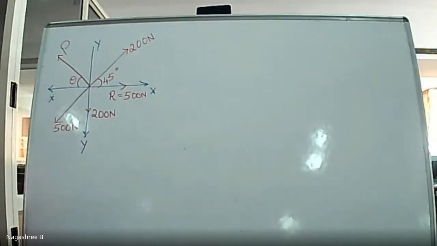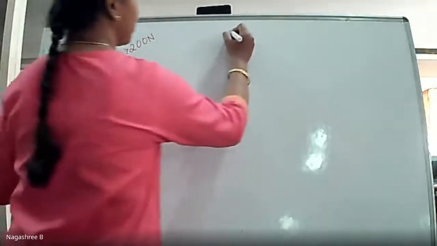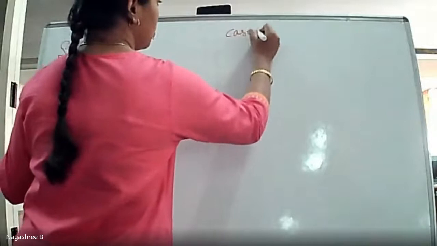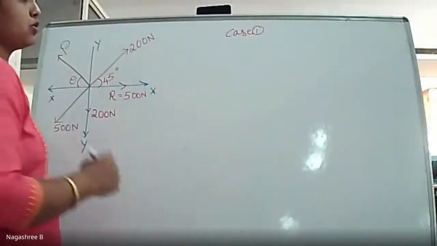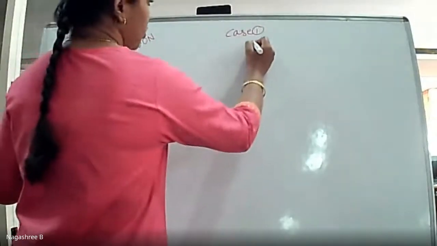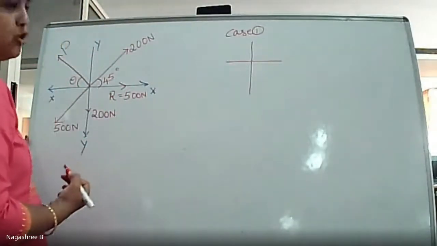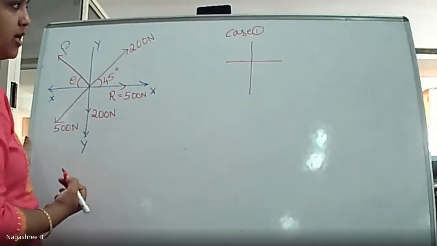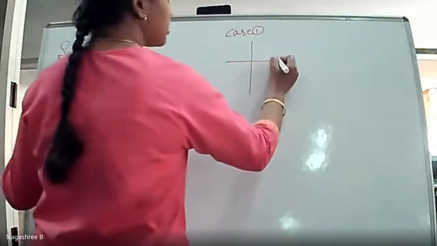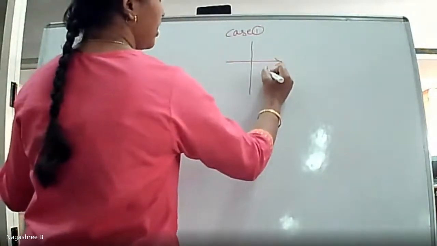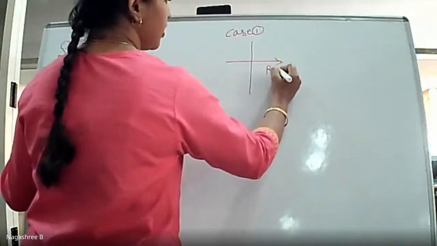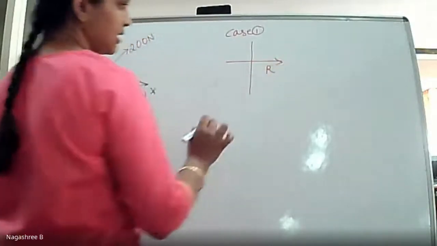So before proceeding with this problem, we just go through some cases. Case 1. Suppose I need to determine the unknown force. In this case, R is given on the x-axis itself.